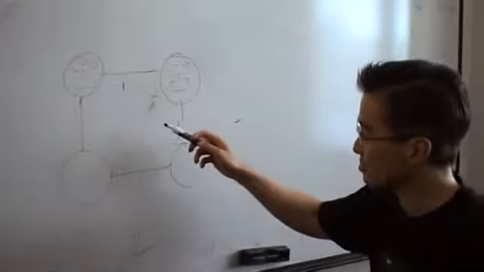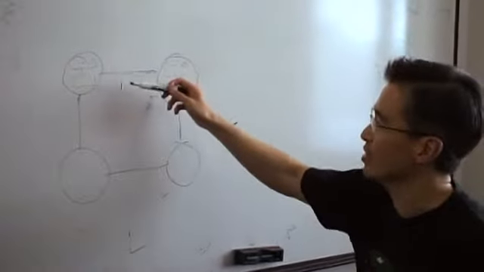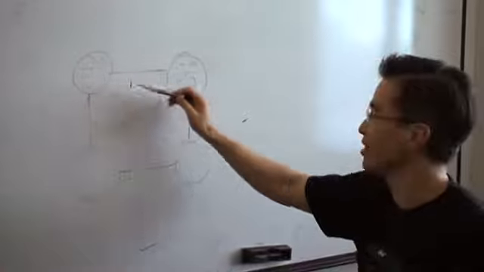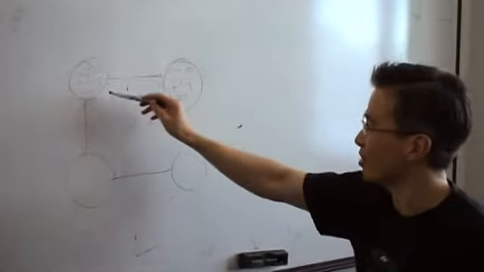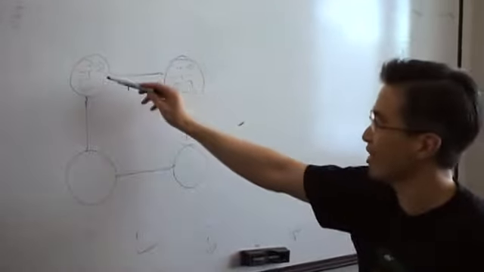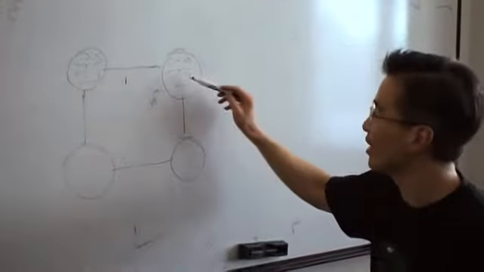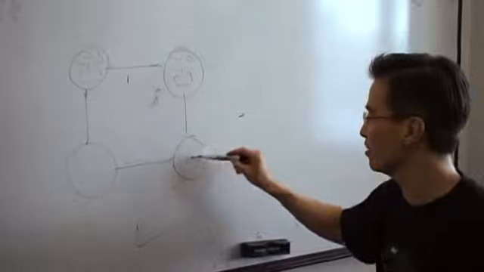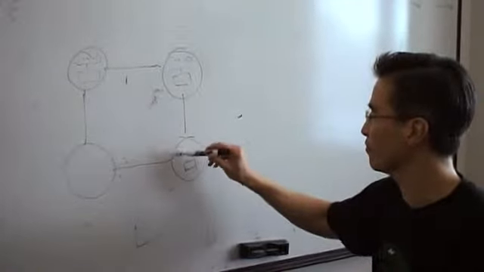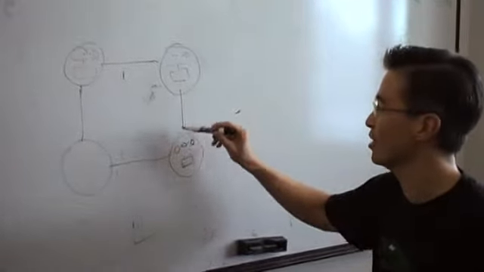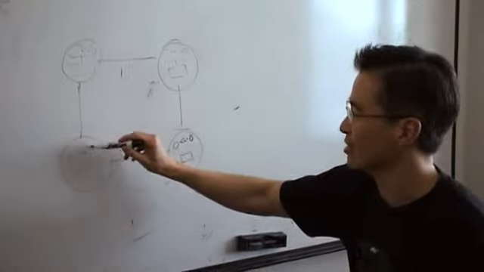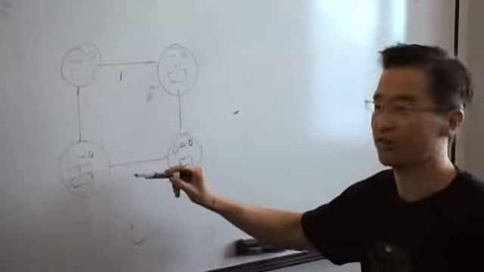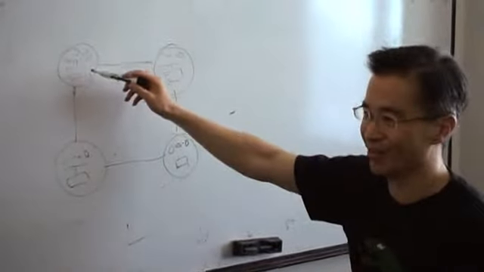So NUMA is basically this idea that some processors are closer to some memory than others, and all the processors can access all the memory. They can access their own local memory, and they can access the memory that's remote to them, even if it's a few hops away. But it takes longer for them to access the memory that isn't local to them.